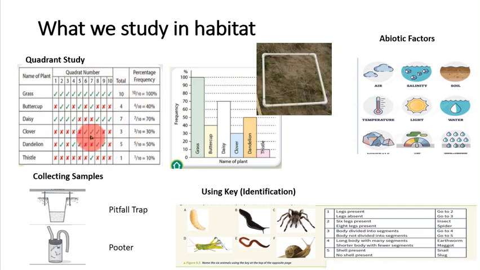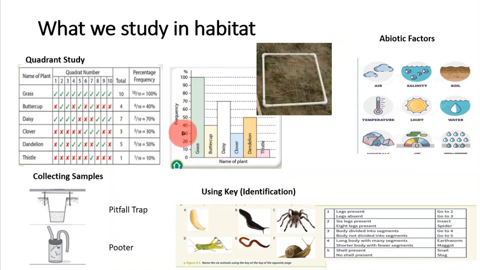Then they're able to tally it up and give a total, and work out what's known as a percentage frequency, or how often these particular plants showed up within the habitat. You can take all of this information and put it into the form of a bar chart or a frequency chart that looks like this.